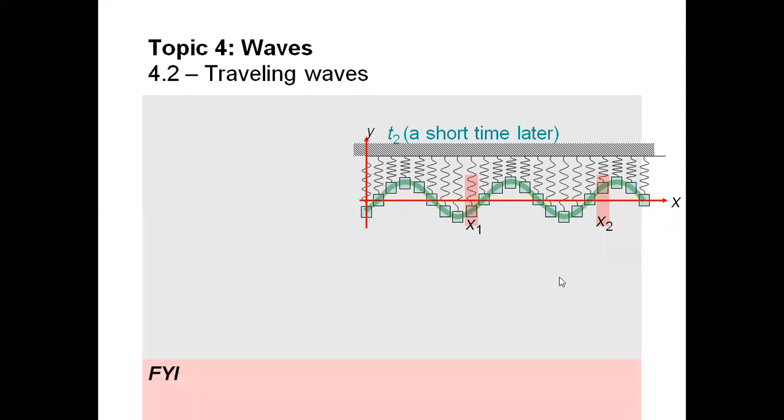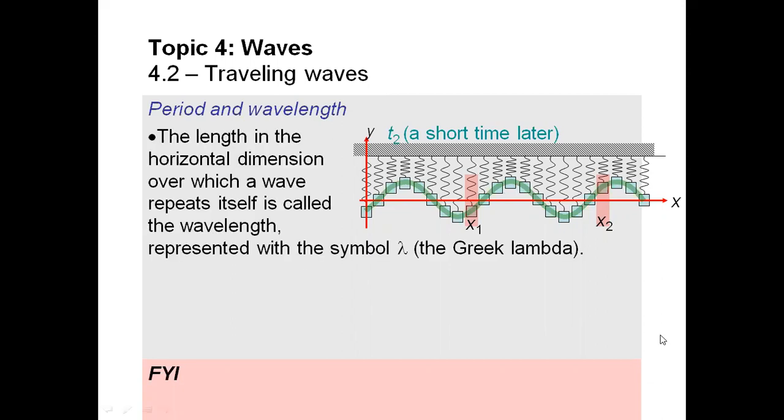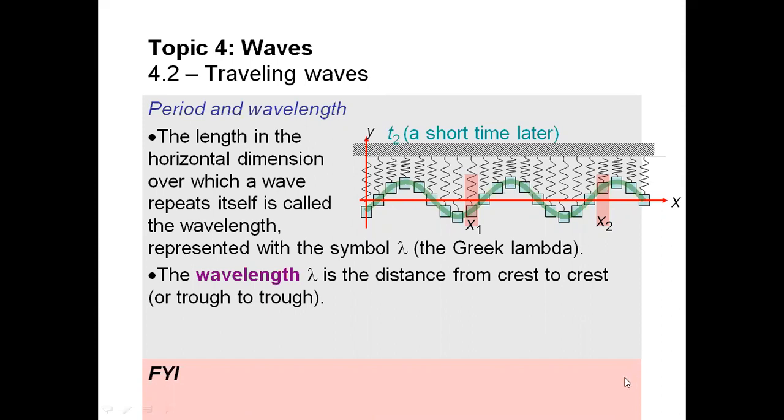Let's continue. The period and wavelength, another definition. So we have seen displacement and amplitude. Now the period and wavelength. The length in the horizontal dimension over which a wave repeats itself is called the wavelength, represented with the symbol lambda, Greek lambda. The wavelength lambda is the distance from crest to crest or trough to trough. Very easy definition.